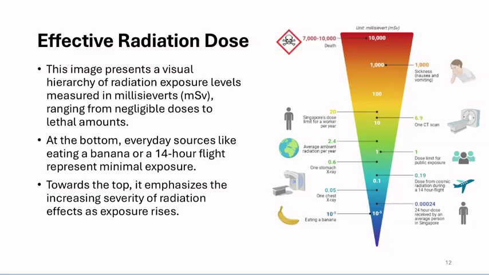At the bottom of the graph, we can see sources of minimal exposure, which include eating a banana or even taking a 14-hour flight. As we move towards the top, we can look at the increasing severity of radiation effects as exposure increases. And we can observe that at 1,000 millisieverts, this can cause humans to be sick, and the effects of it are nausea and vomiting.